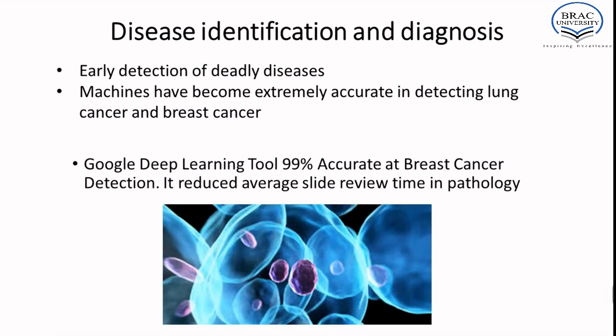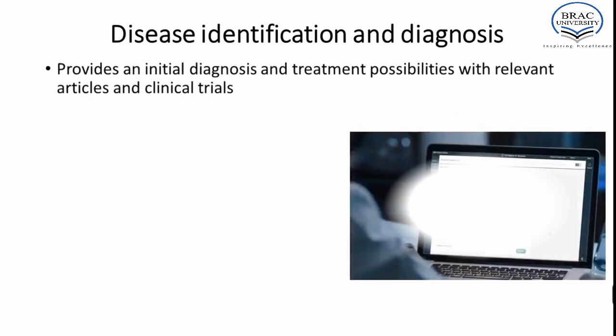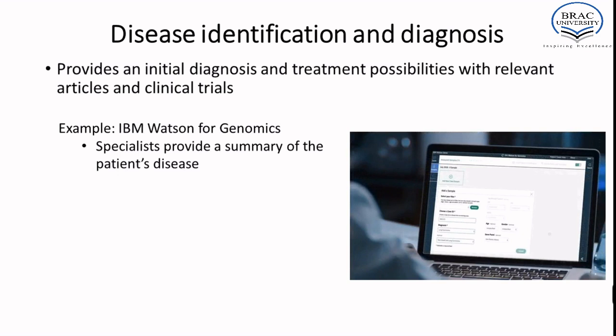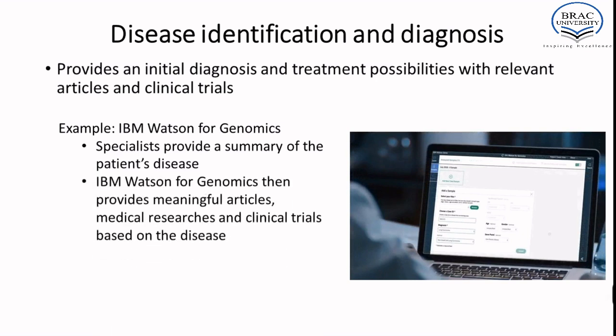Machines can also provide an initial diagnosis and suggest treatments based on published medical journals and clinical trials. The IBM Watson for Genomics is a perfect example of this. In this system, the medical specialists provide a summary of the patient's disease and record their DNA sequence. The IBM Watson for Genomics then analyzes that information and filters out the meaningful articles and medical researches from the web.